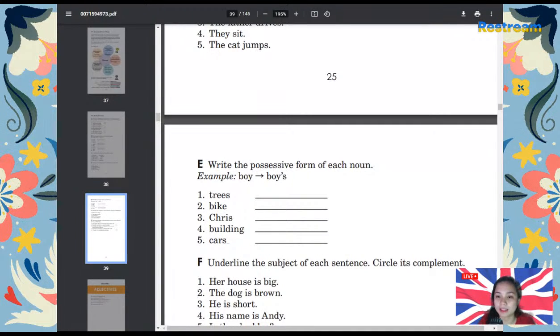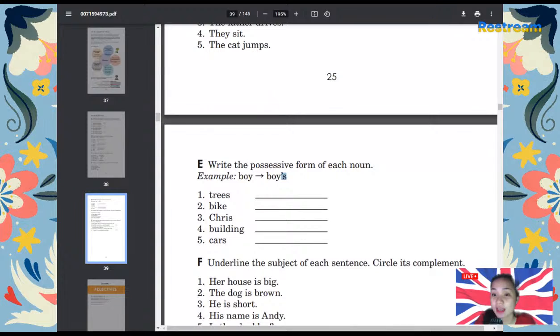Do we add an apostrophe only, like this, or do we add an apostrophe and letter S?